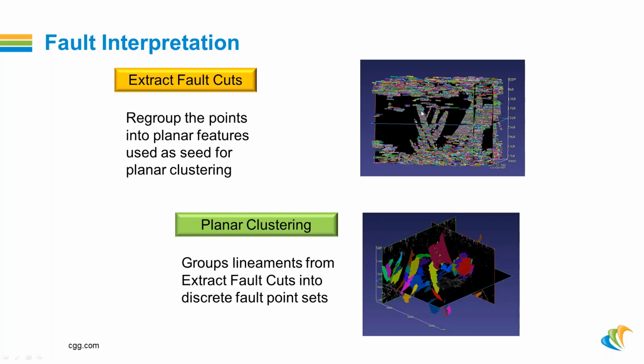You can see here the points created, forming the ones that could be in the next step of the fault planes. And then the planar clustering groups those alignments from the fault cuts and creates the point sets that will generate the fault planes.